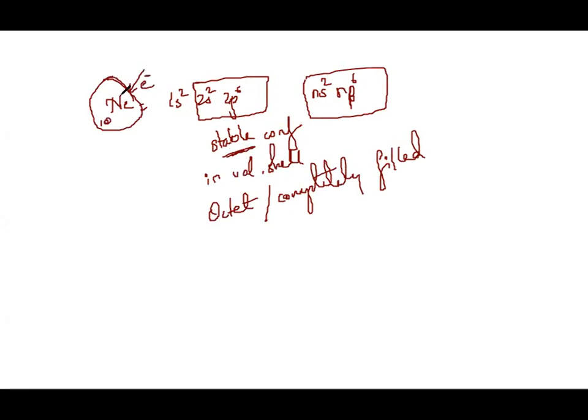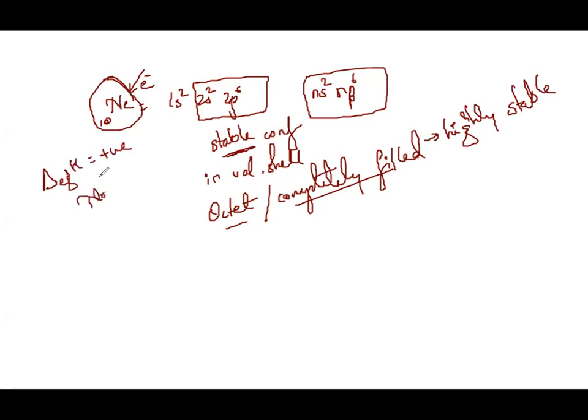Why am I saying very forcibly? Because they are very stable now. Octet configuration, completely filled configuration, is highly stable. If you want to make it gain an electron, you need to put a large amount of energy. Therefore, electron gain enthalpy will be highly positive for noble gases.